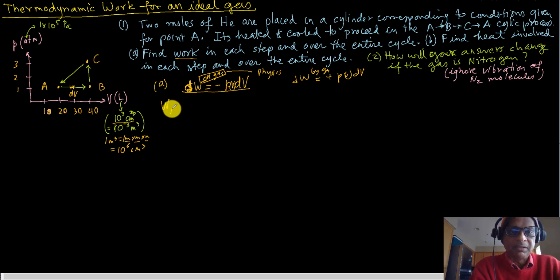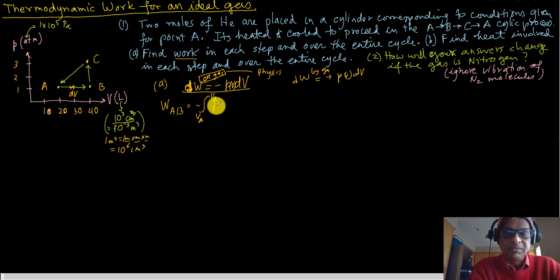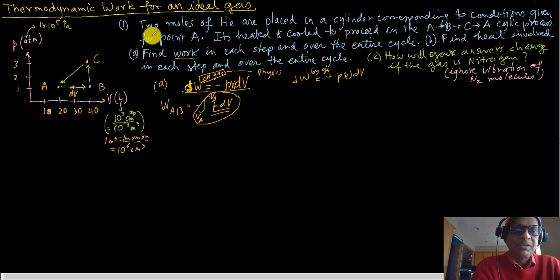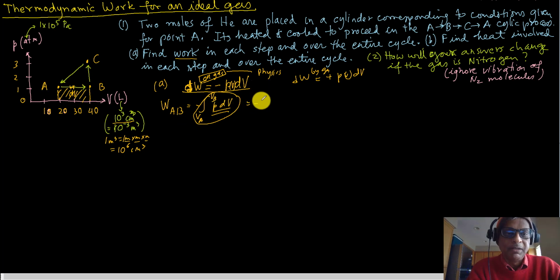So what will we get for A to B? It's just the integral from VA to VB of P dV. But the integral is also the area under this curve. So this will become minus, because expanding is negative work, since energy is taken out by this work.